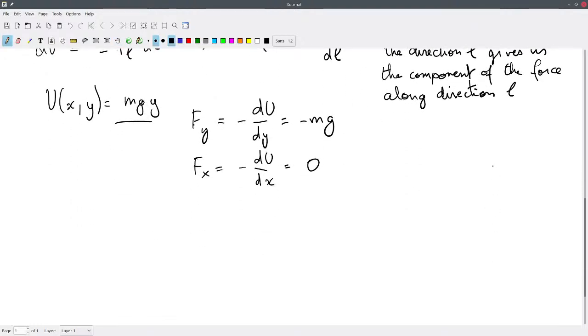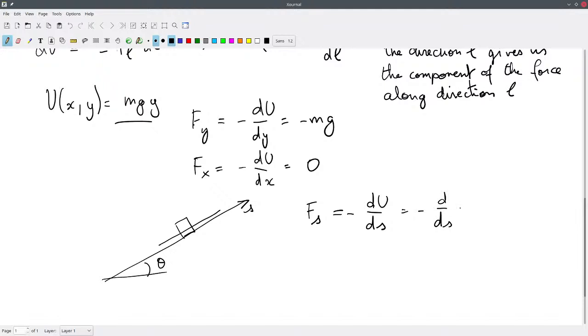But this is even more powerful if we have, again, a block sliding on an inclined plane with an angle theta. We've introduced a direction s before. We could calculate the force along the s direction as minus du ds. Now it becomes a little bit more complicated because we have to write this as d/ds of mgy, but we can write y in terms of s.